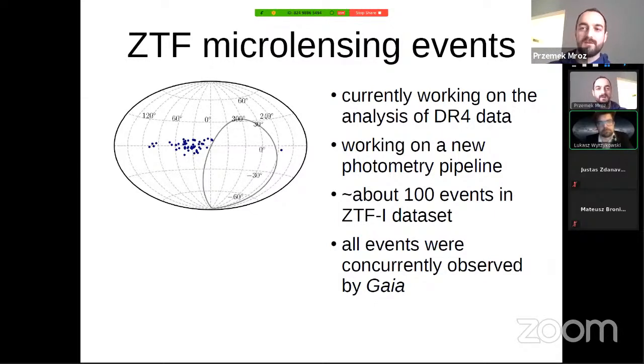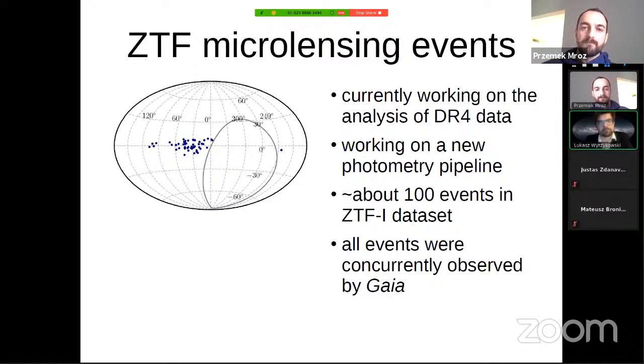So hopefully in a few years, we should be able to use Gaia time series astrometry to measure Einstein radii for at least some of our events, and as a result measure masses of the lensing objects and perhaps find interesting things like black holes or neutron stars and other things.